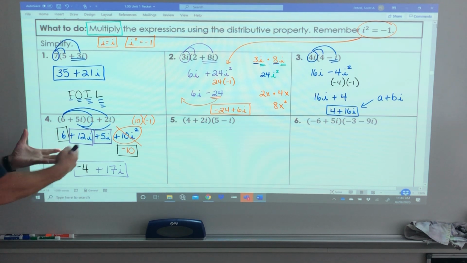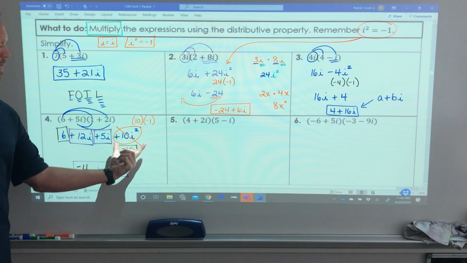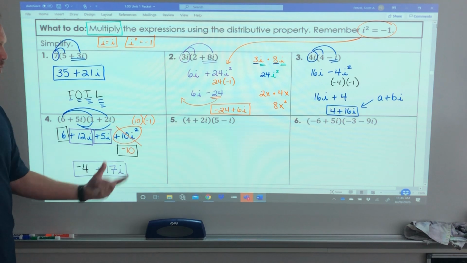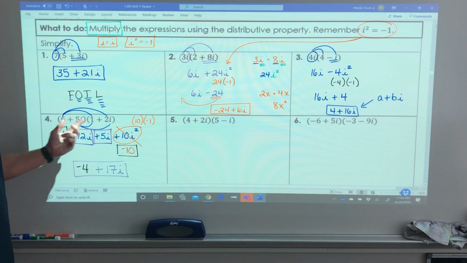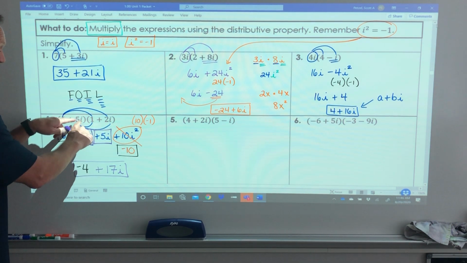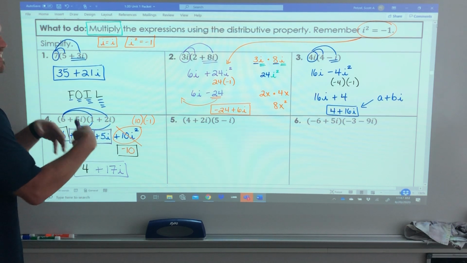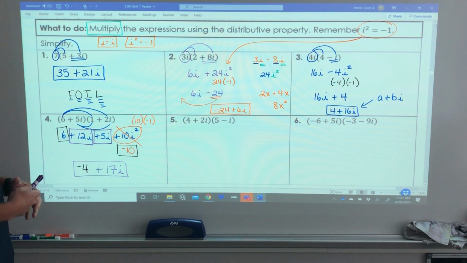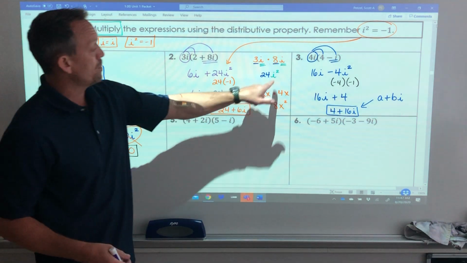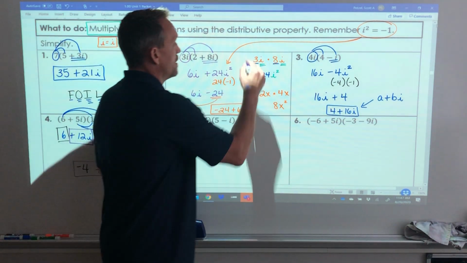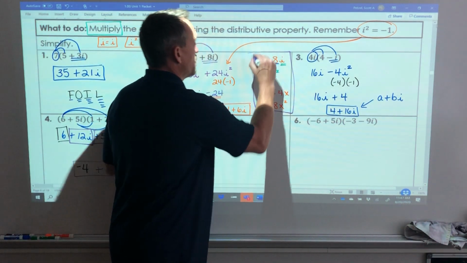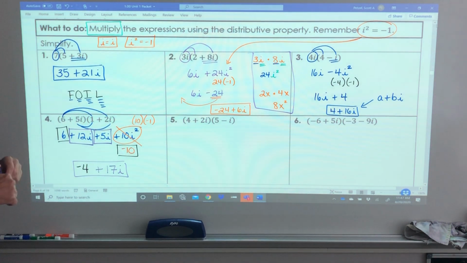Please make sure that you write this stuff out. Make sure that you're manipulating this appropriately. Do not forget and call that 10i. 5i times 2i is 10i squared. It's not 10i. Same as you're multiplying up here. Remember this little thing here when you're multiplying imaginary numbers by one another.